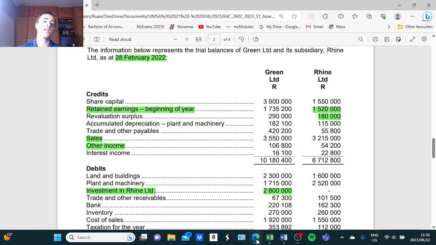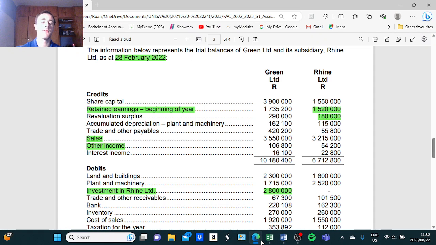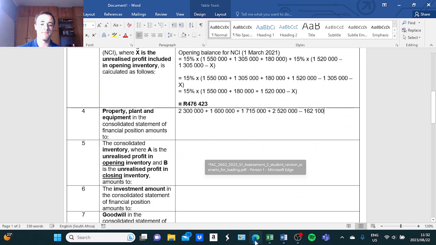Again, there has not been any intergroup sale of PPE items that we need to take into account. So we will subtract 162,100, which is the accumulated depreciation amount for the parent, and then we also need to subtract the accumulated depreciation for the subsidiary, which is 115,000.